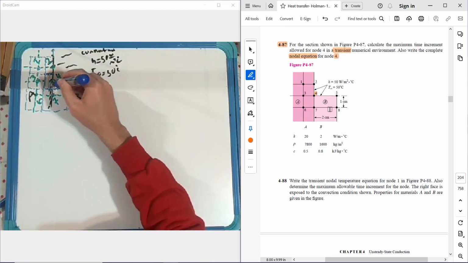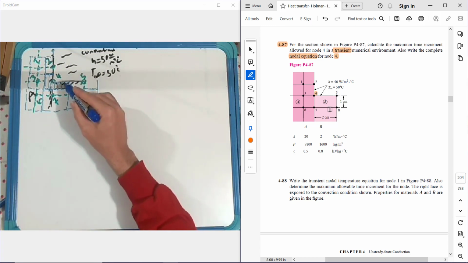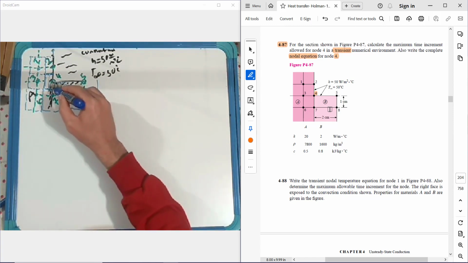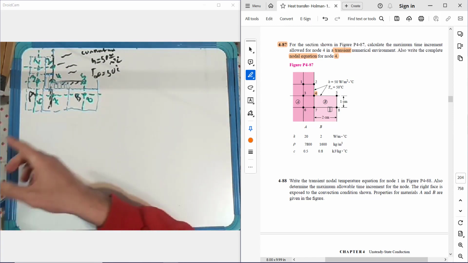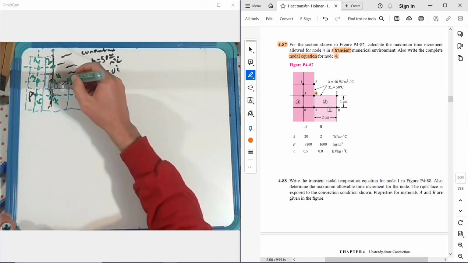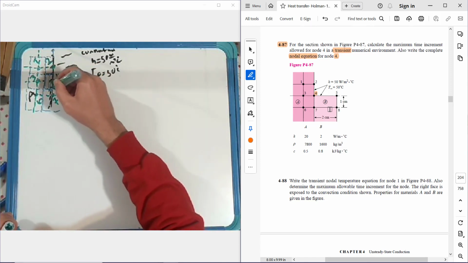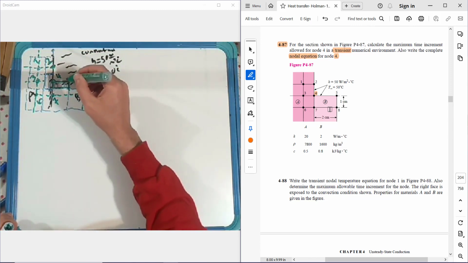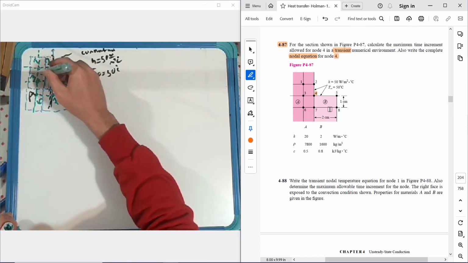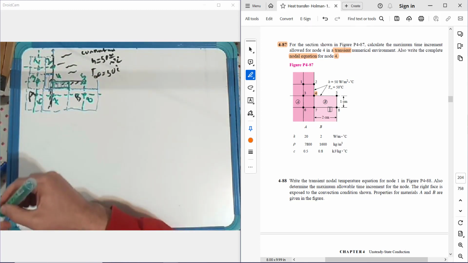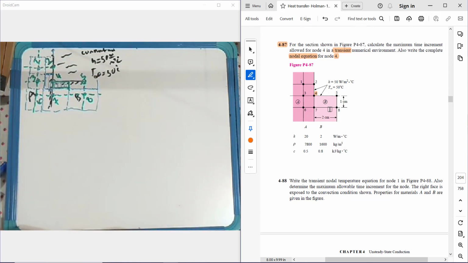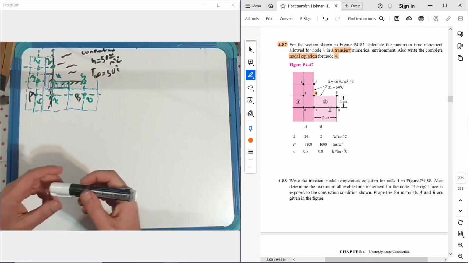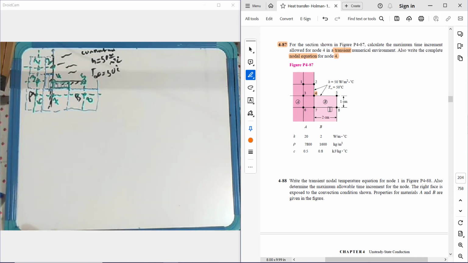As you can see, it has 2 sections. One section here in material B, and another one here for material A. And as you can see in the picture at the right side of the window, we have the densities and capacities of these 2 materials.